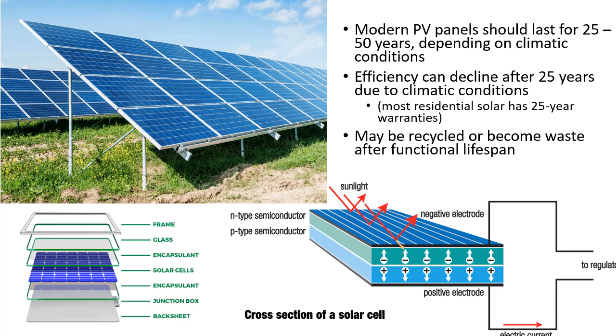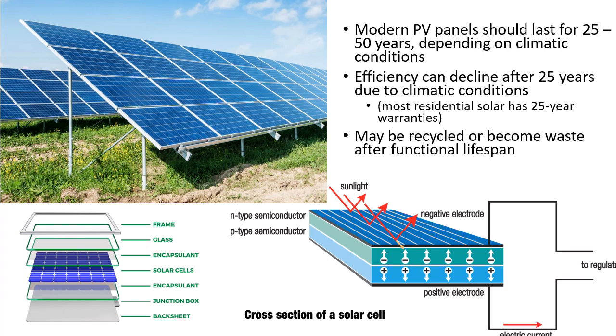Most solar cells are going to last for about 25 to 50 years. That can depend on the quality of the panel itself and the climatic conditions. If there's a lot of hail in a region, they're definitely going to last a lot less time. And if there's never any hail, never a sandstorm, never anything like that, they're going to last a little bit more.